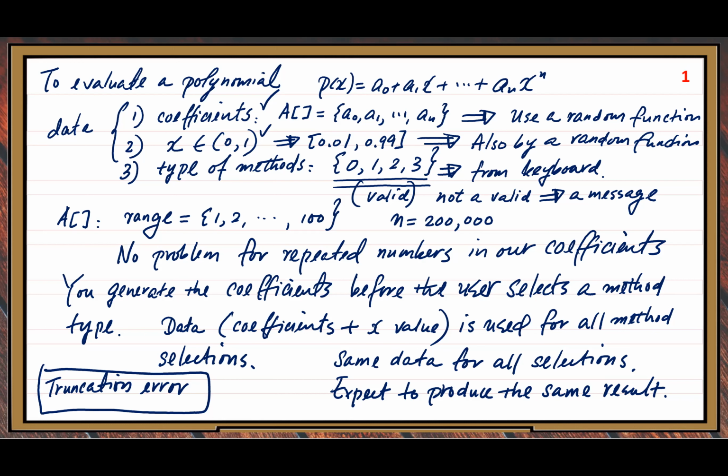So you give an option other than these 4 options. For all remaining cases, you put one special case, and you output a message, telling your users you need to select one of the 4 numbers.